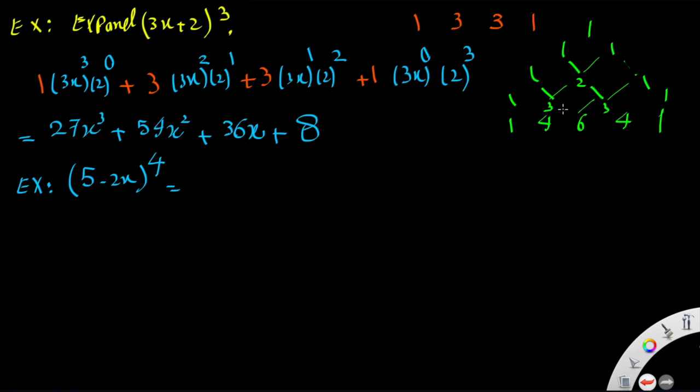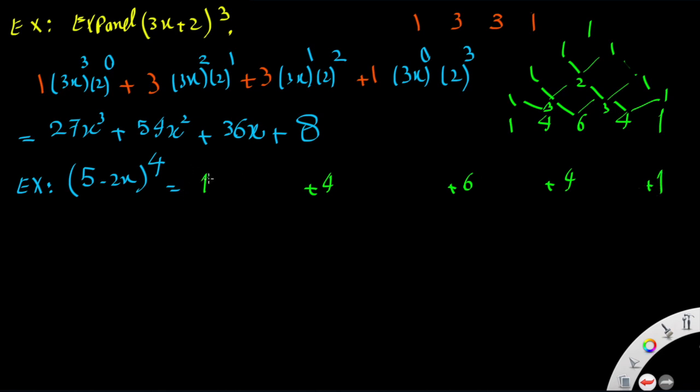So if you add them, 3 plus 3, 6, then 3 plus 1, 4, 3 plus 1, 4. So coefficients are 1, 4, 6, 4, and again 1.